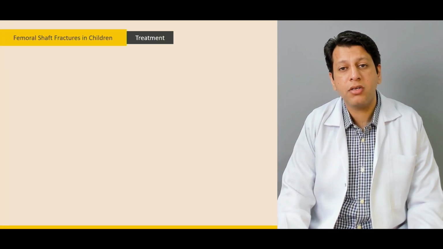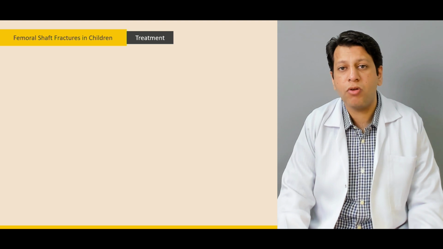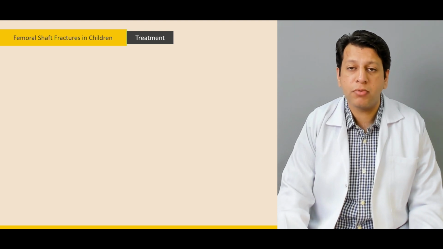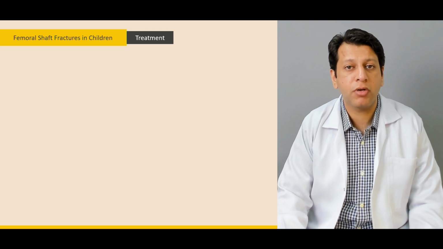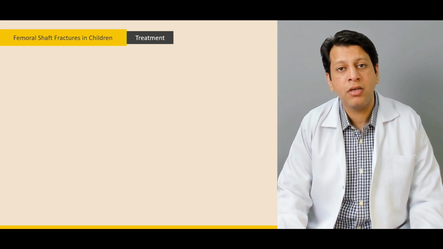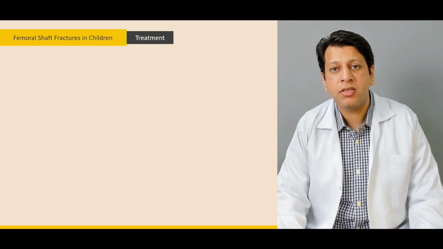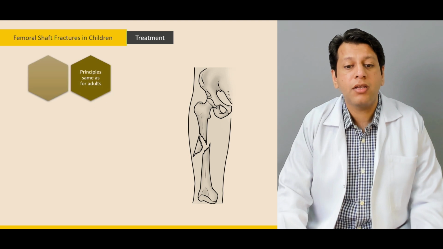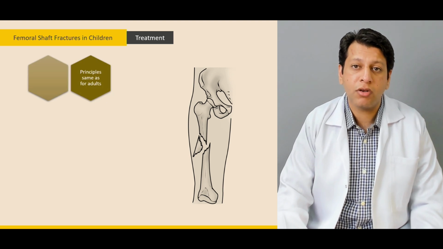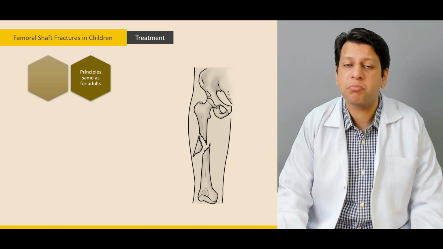The treatment depends especially on the age group of the patient. The child may be as young as 3 or 4 months old, or as old as 3 or 4 years old. If the child is less than 6 months, there is no other treatment except a Pavlik harness.